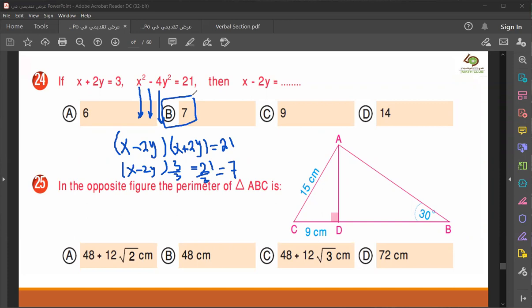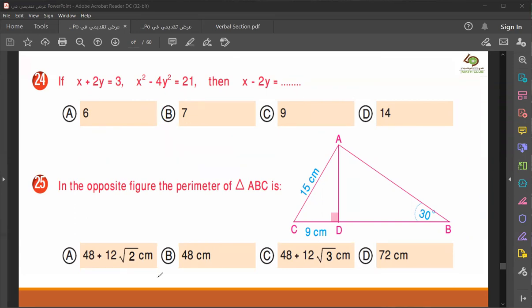Okay, now number 25. Number 25. In the opposite figure, the perimeter of triangle ABC is what? Yeah, I explained this before, special triangle.